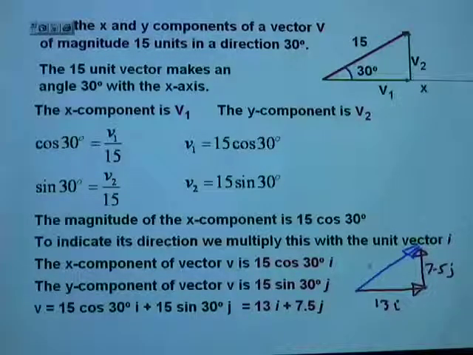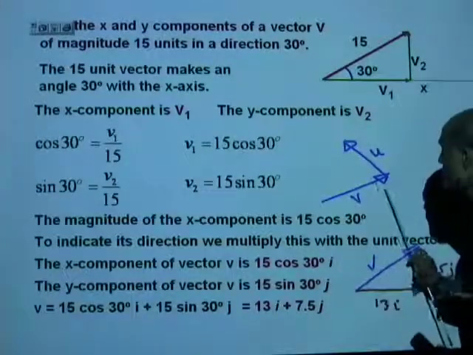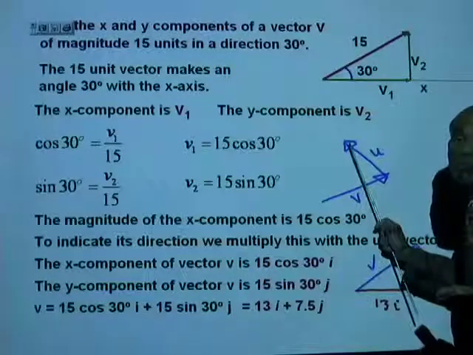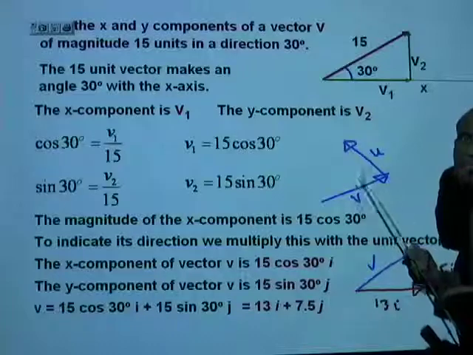Alright. Now, I can actually use this to add any number of vectors. For example, if this is one vector and this is the second vector, I'm going to call this vector v and the second vector u. Now, can you tell me, if this is vector v and this is vector u, what will be the sum of these vectors?